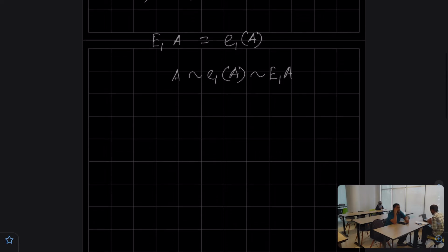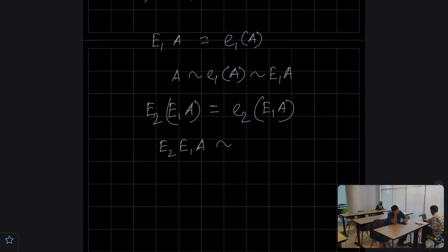So now if I multiply with, say, E2, then E2 E1 of A is just e2 of E1A, and this is also equivalent to E1A.